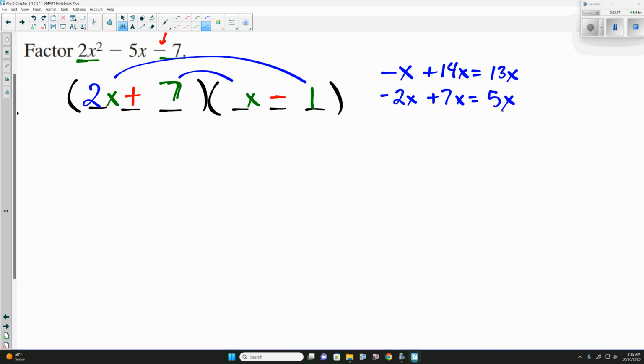It is 5x, yes? But we want it to be what? Yes. If you ever get the correct number but wrong sign, flip the signs.